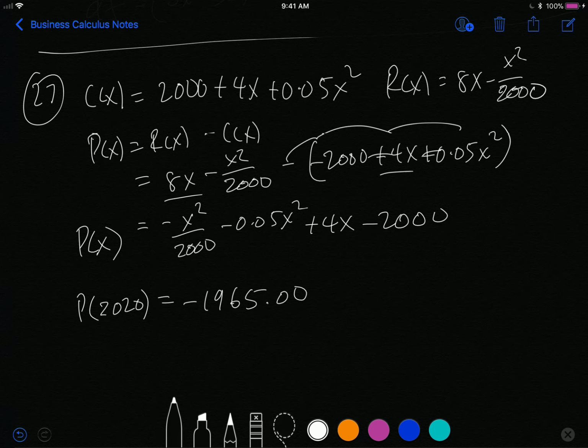Let me double check that. 2200, negative x squared divided by 2,000 minus 0.05 x squared plus 4x minus 2,000.